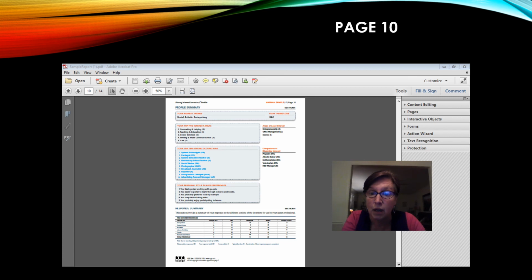You can also see the percentages of the way you answered the questions, which is interesting, the way you ranked things. So this is where we get into how many likes, dislikes, so what are the percentages of your likes and dislikes. And like I said, if you had a lot of likes, then you're going to have a lot of high interest showing out on the assessment.